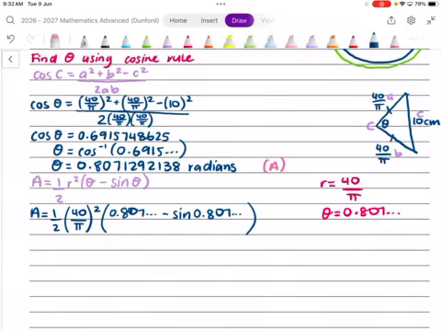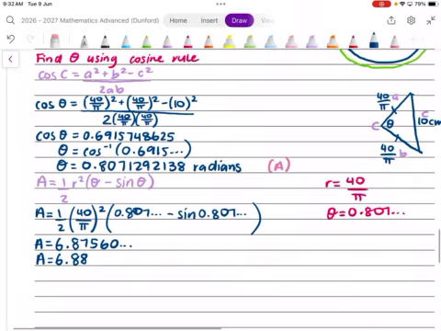So we get to put this straight into our calculator. A equals 6.87560... So area is equal to 6.88 centimetres squared.